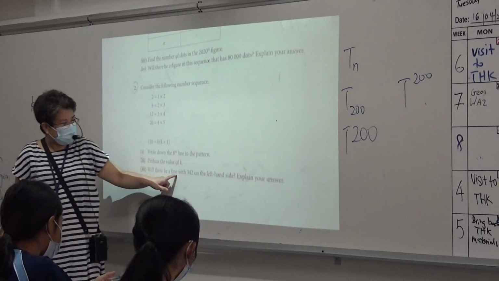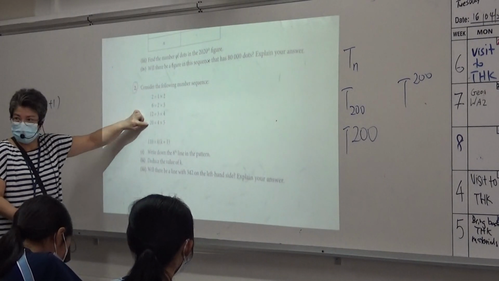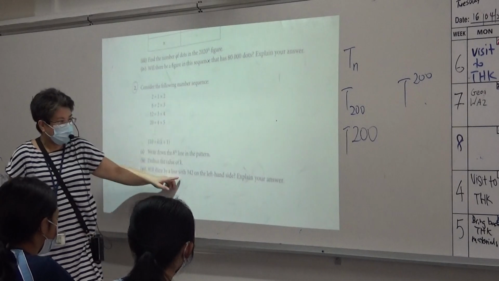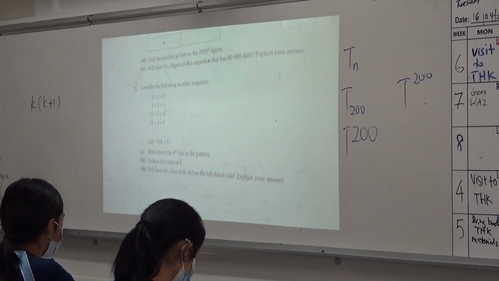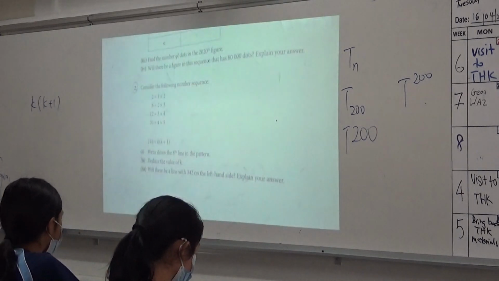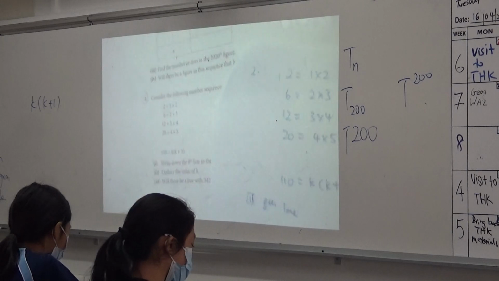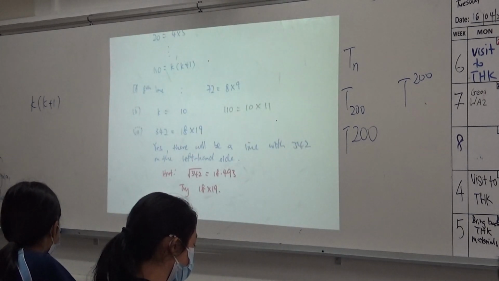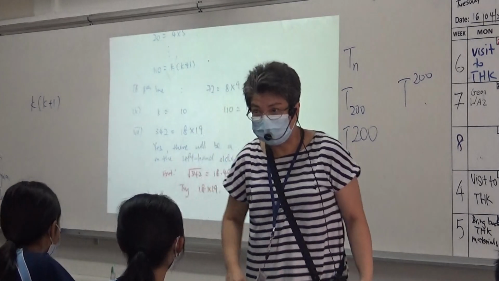Right, will there be a line with 342 on the left-hand side? Left-hand side is this one, correct, times 9.